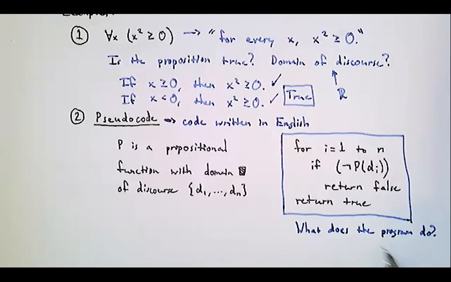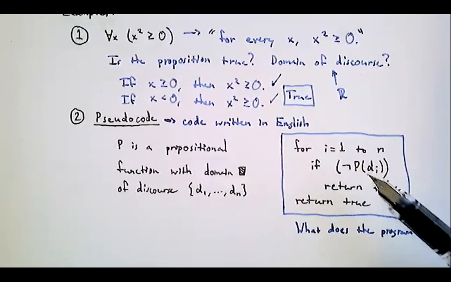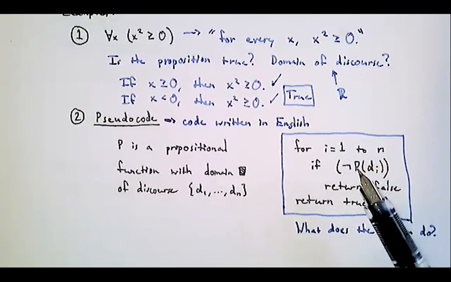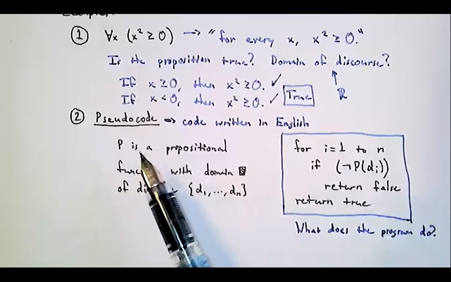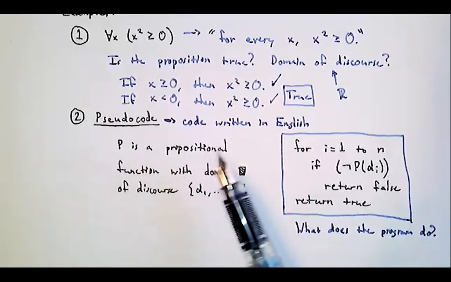So no, it's not going to return the value P of D. Remember that value is either true or false. But it's actually going to be looking at all of the values for the proposition.